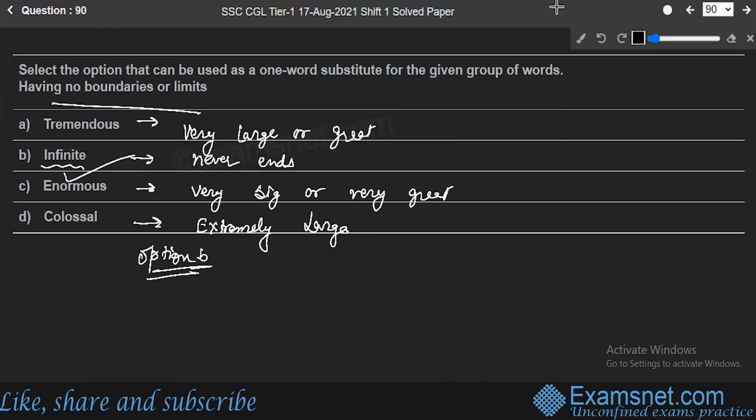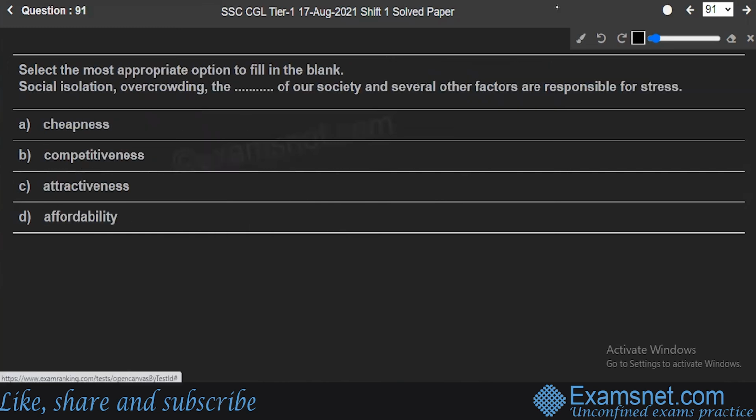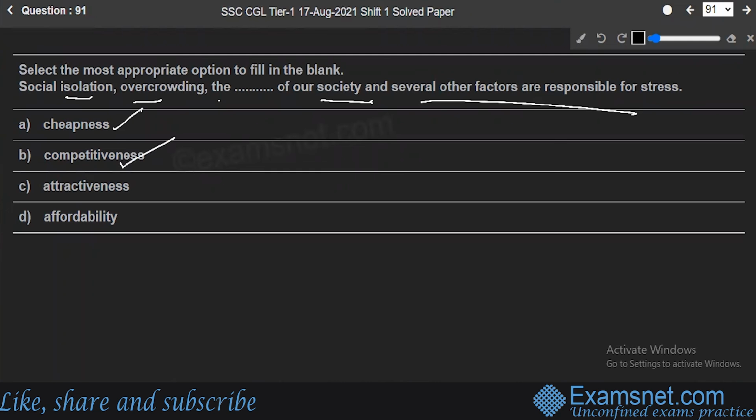Then let's move to the next question, number 91. It says select the most appropriate option to fill the blank. Social isolation, overcrowding, the dash of our society, and several other factors are responsible for stress. The options are cheapness, competitiveness, attractiveness, or affordability. Which is the correct option out of these? The most appropriate word to fill in here is competitiveness.